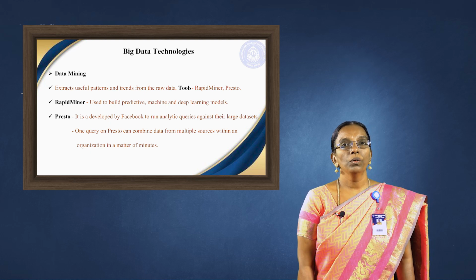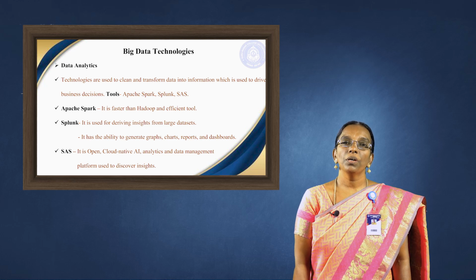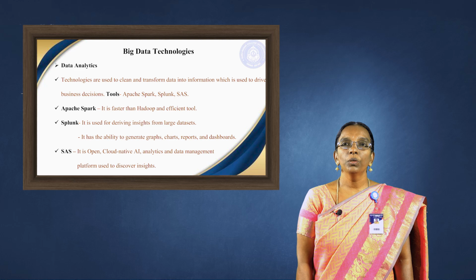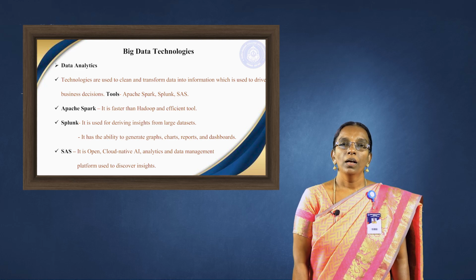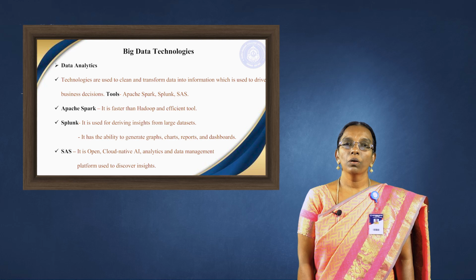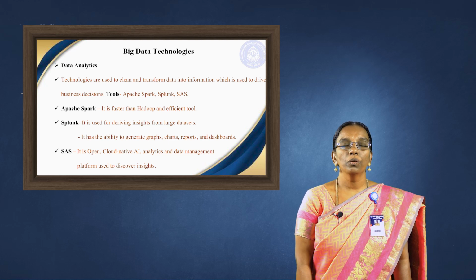The next we will go into data mining. Mining is nothing but we are going to extract the useful patterns, and we are going to find what are the new trends in the raw data. Raw data means the data which we are collecting. From the raw data, we need to identify what are the useful patterns.